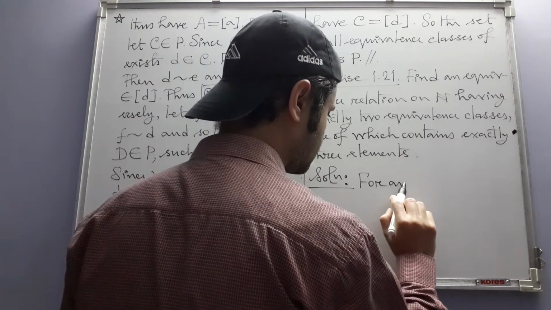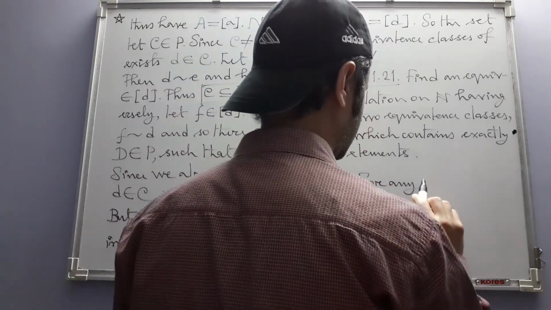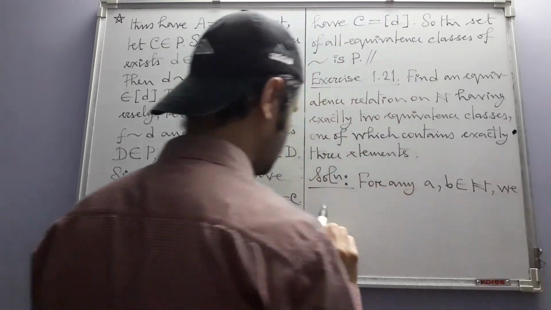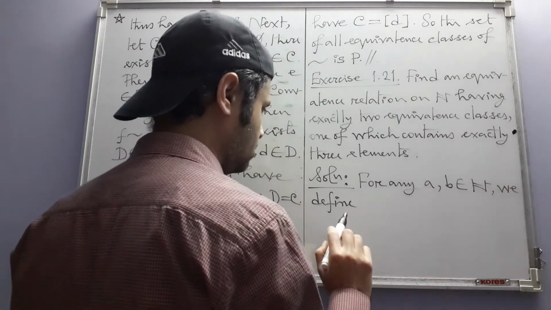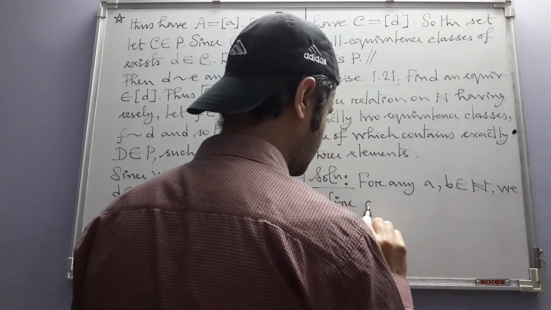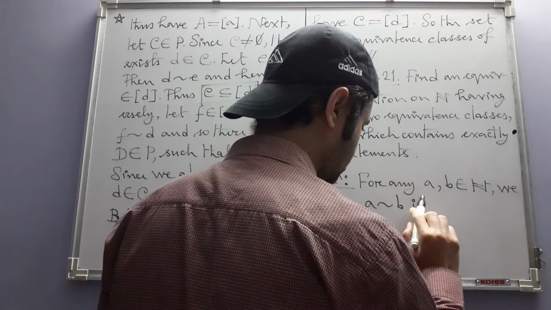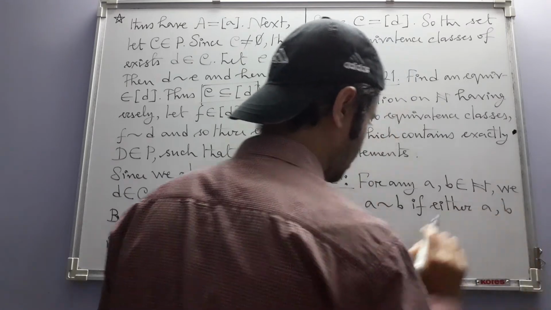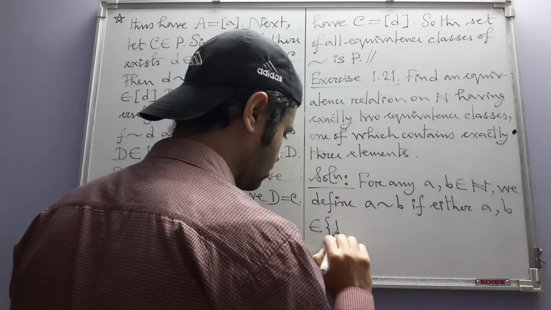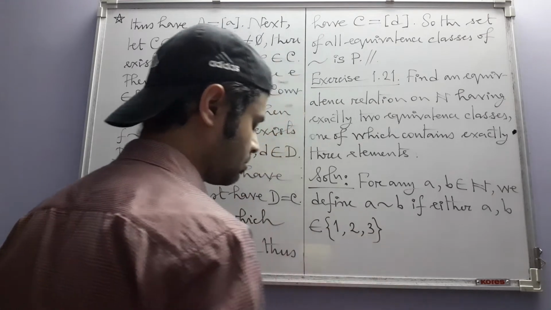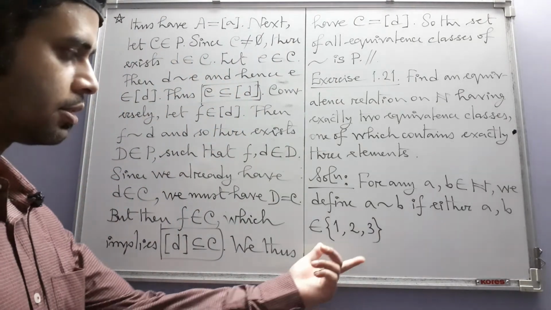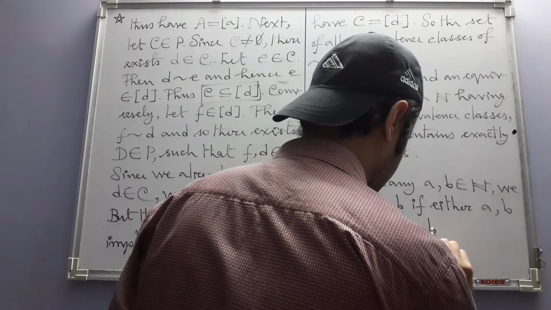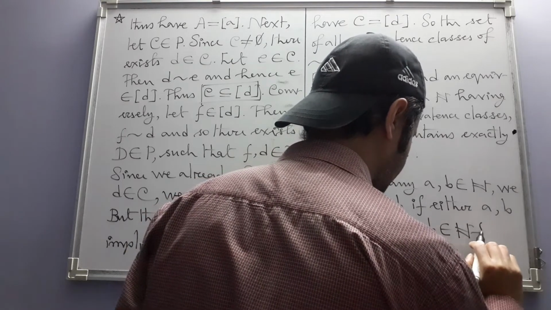For any two natural numbers, we define A to be related to B if either A and B both belong to the set consisting of these 3 natural numbers 1, 2 and 3, or A and B both belong to the complement of this set.